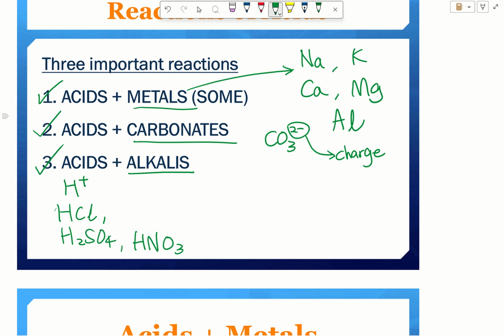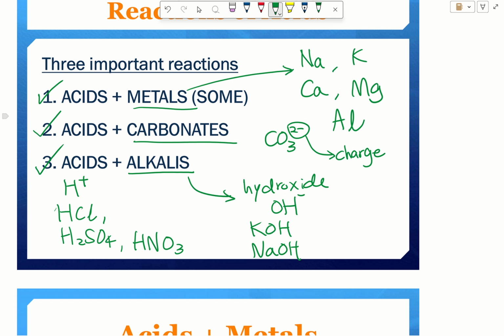So these are the acids. For the alkalines, they are the ones that have hydroxide ions. What are hydroxide ions? They are OH minus. The two alkalines that we need to know are potassium hydroxide, KOH, and sodium hydroxide.